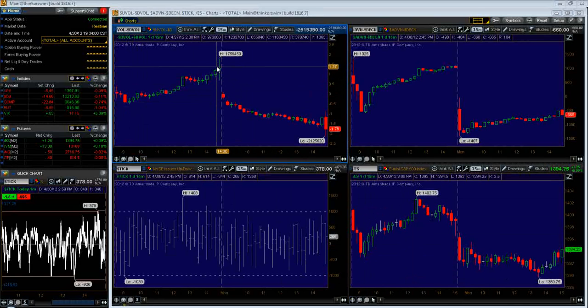Now, one thing to notice, as I was saying before, look at where we've been, where we have come from. On the breadth, you can see, without even incorporating numbers, we made new highs roughly 2/3 through the day, right over here, and we continued to make new highs.